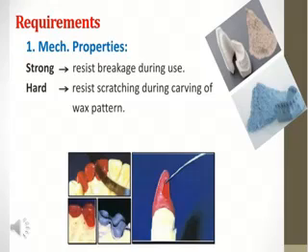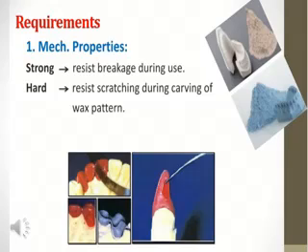Why? In order to resist breakage during use, during handling the model. If it is accidentally dropped, it will resist the breakage. So this depends on its strength. It should have sufficient strength to resist the breakage during use.